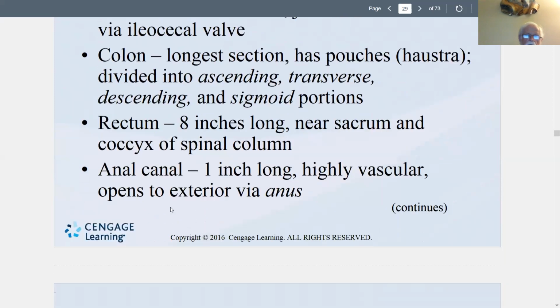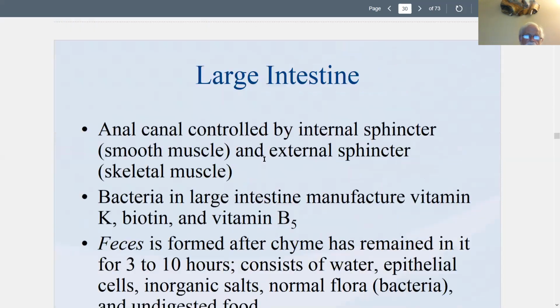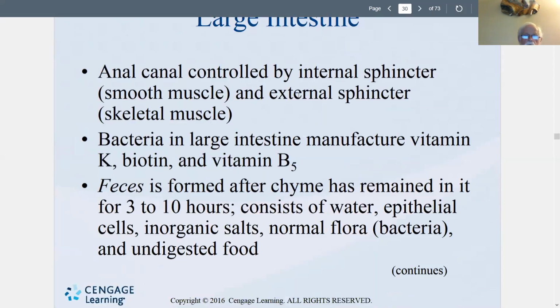The anal canal is about an inch long, and it is highly vascular, and it opens to the exterior via the anus itself. So there is an internal and an external sphincter by which the anal canal is controlled. These are involved in making certain that we can maintain continence.